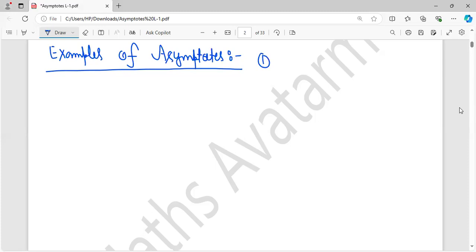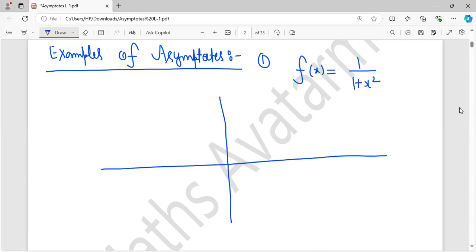You take the curve f(x) is equal to 1 upon 1 plus x square. Then what is the graph of this curve or function?